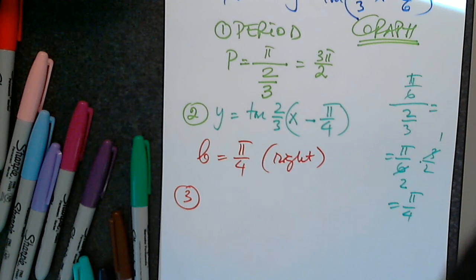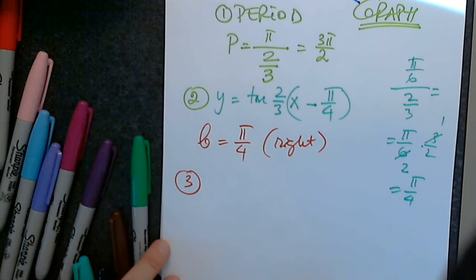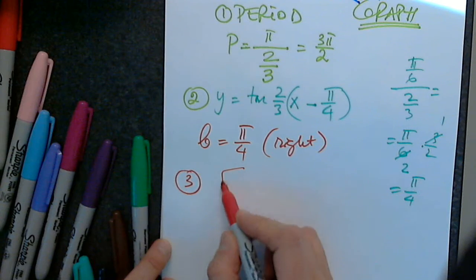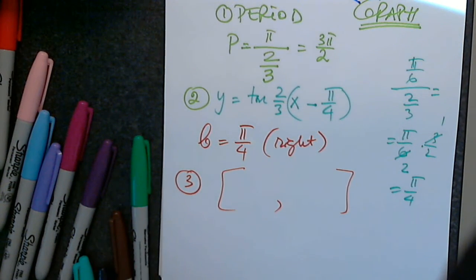Well, here I have that problem with those asymptotes. So for tangent and secant, I'll have the following: b minus pi over 2.